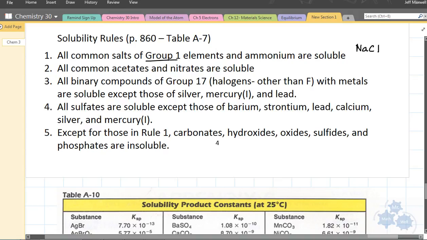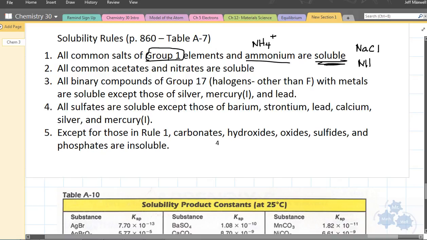Group 1 elements, that's the alkali metals, the very first column. And if you look at your periodic table, it's the far left column. And also ammonium. Ammonium is NH4+. Okay? So any of the group 1 elements, so that's lithium, sodium, potassium, rubidium, cesium, francium, and ammonium are soluble.